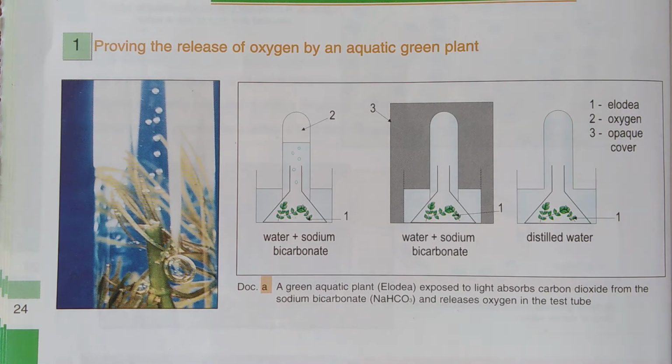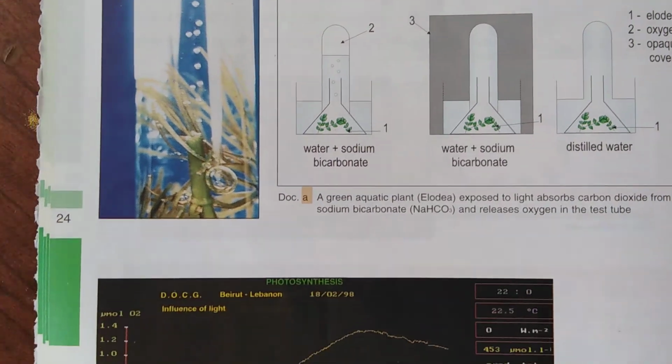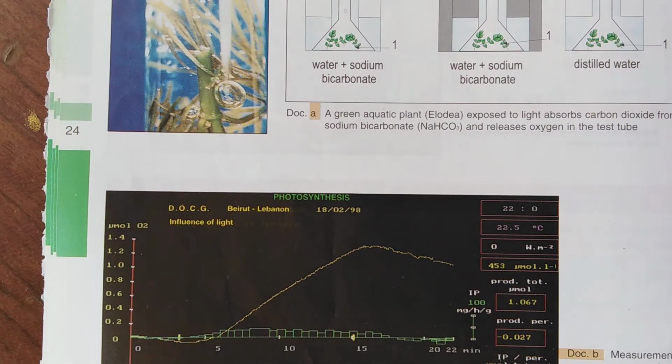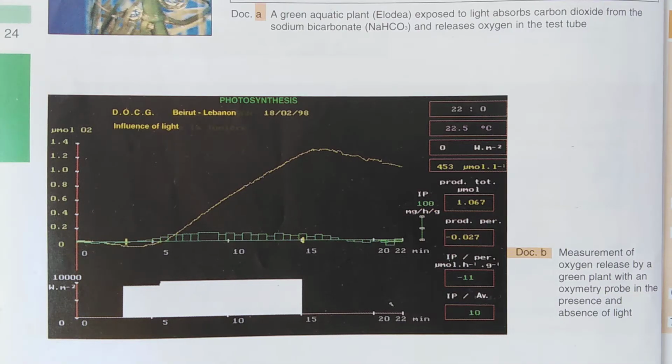Now let's move to document B in the same page 24. By this experiment, they were increasing the intensity of light exposed to the green plants, and they recorded how this oxygen gas was liberated by these green plants.